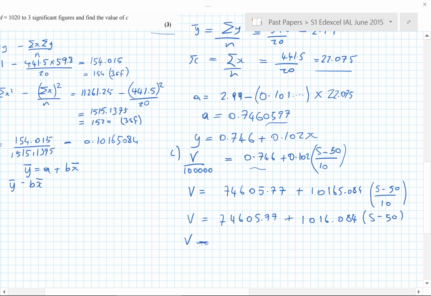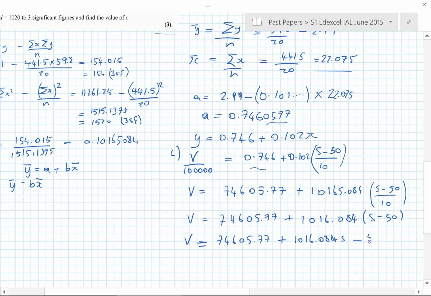V is equal to 74605.77 plus 1016.084s, minus 50 times that. So that's 50 times 1016.0845.